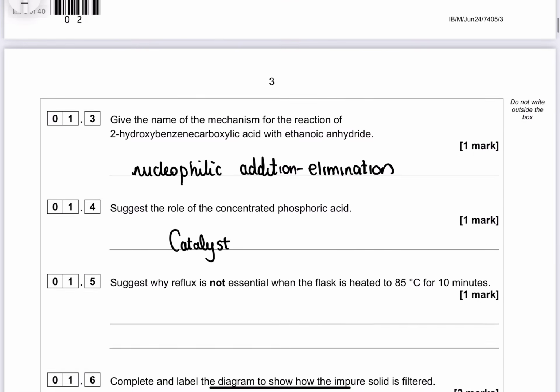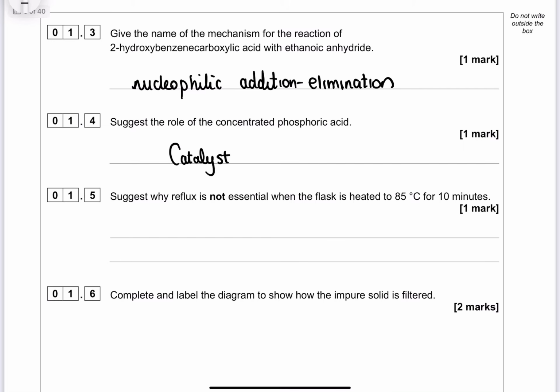Why is reflux not essential when the flask is heated to 85 degrees C for 10 minutes? Well, we only need reflux if there's a chance that we might lose our reactants or products by evaporation, so we want to keep condensing them. And so we wouldn't need it if the boiling points of the things that we've got are higher than the temperature we're heating to.